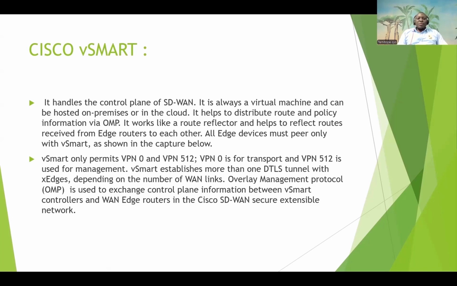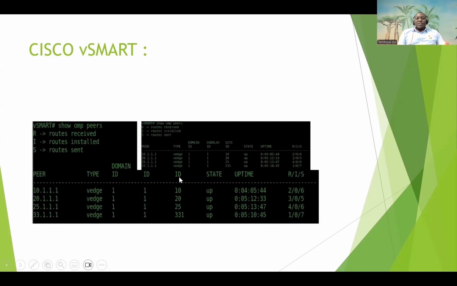The Overlay Management Protocol is used to exchange control information between the vSmart and all the edges. For you to exchange information, you actually need OMP between the vSmart and your edges. To check the vEdges that are connected to your vSmart, you use show omp peers.